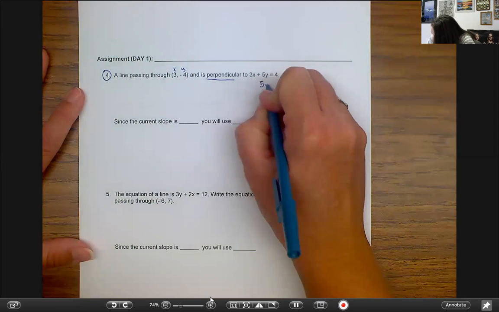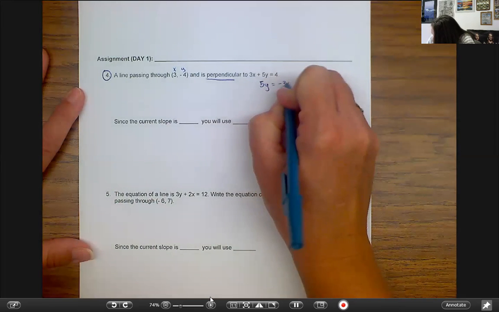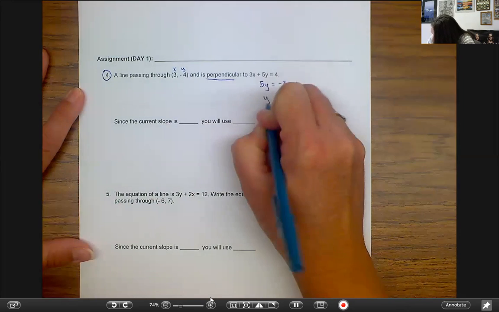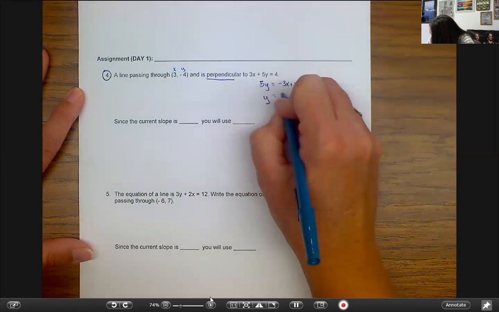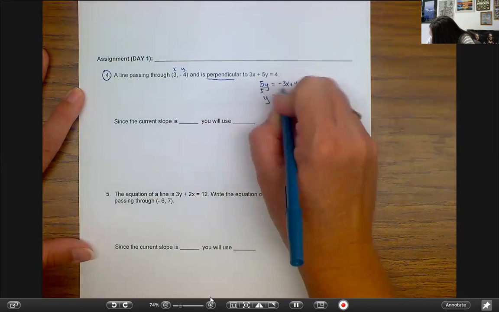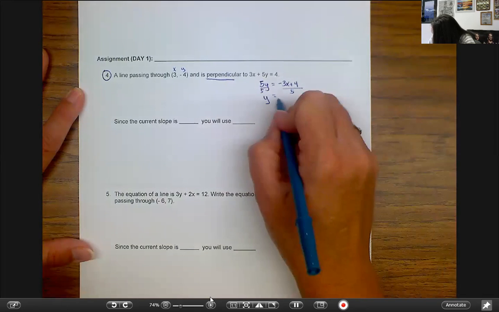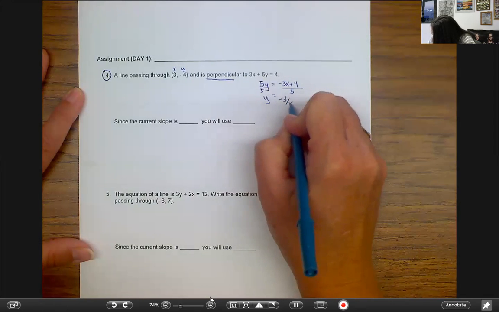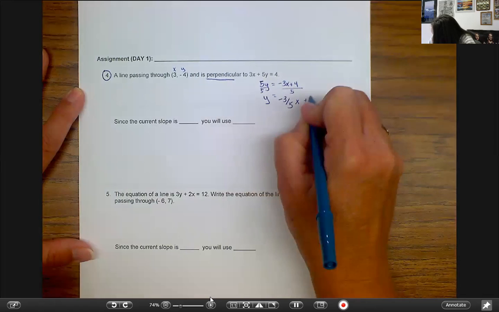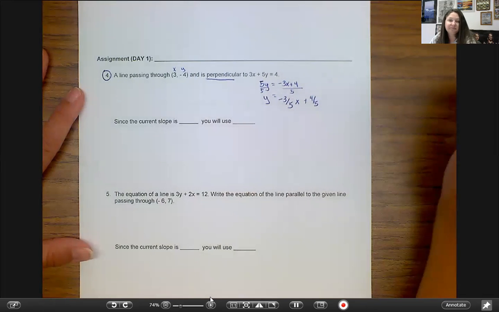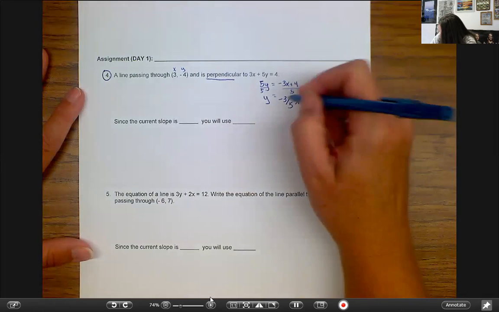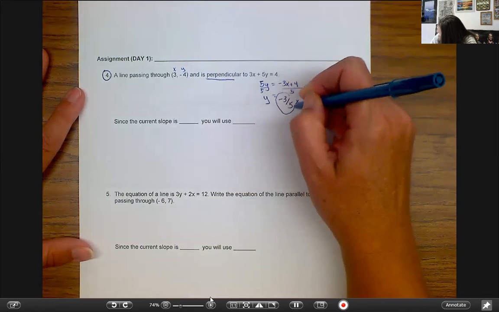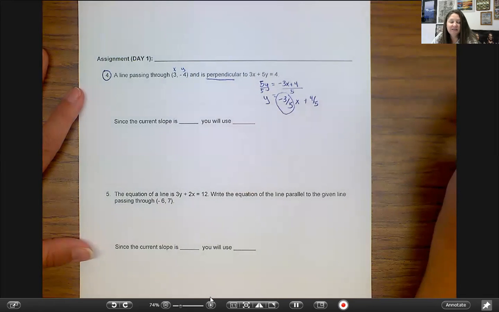Well, first of all, solve this for y. If we were to divide both sides by 5, that would make y equals -3/5 x plus 4/5. So the slope in this case was -3/5.